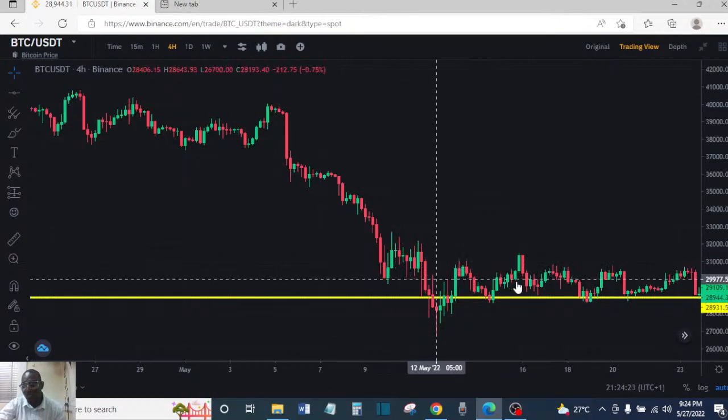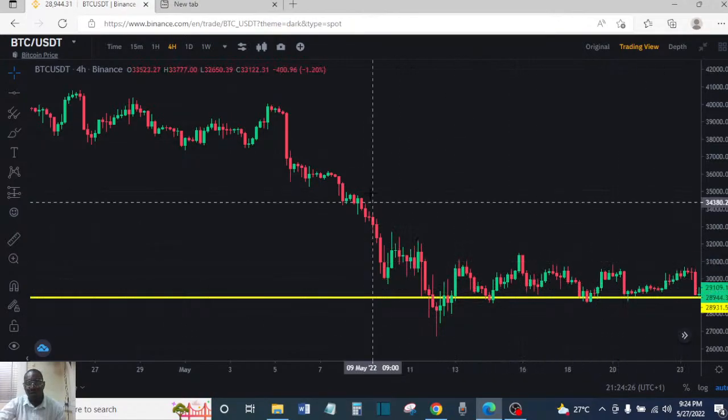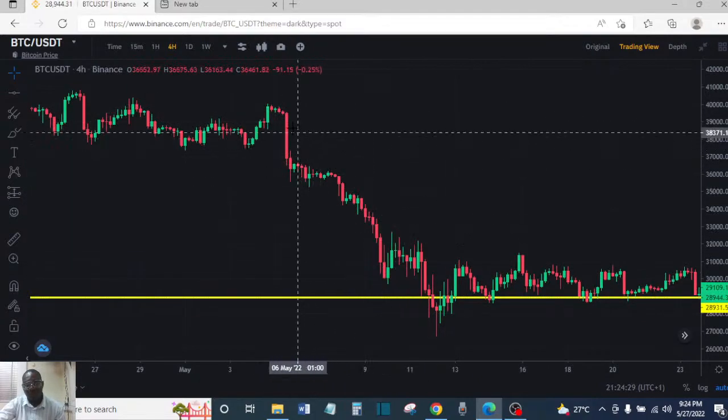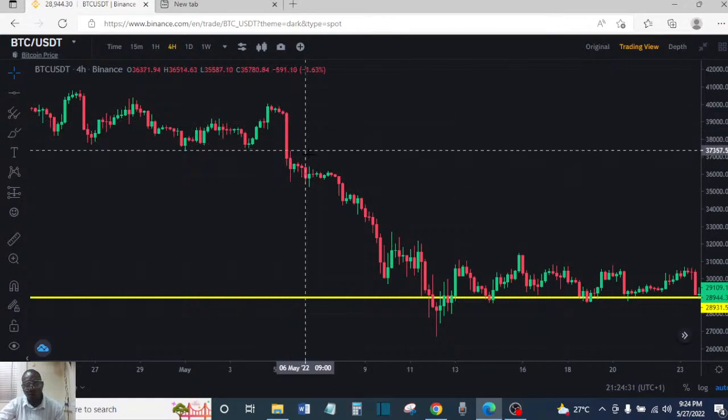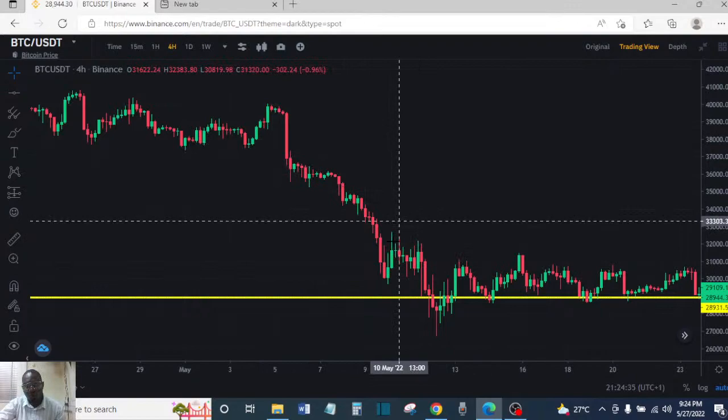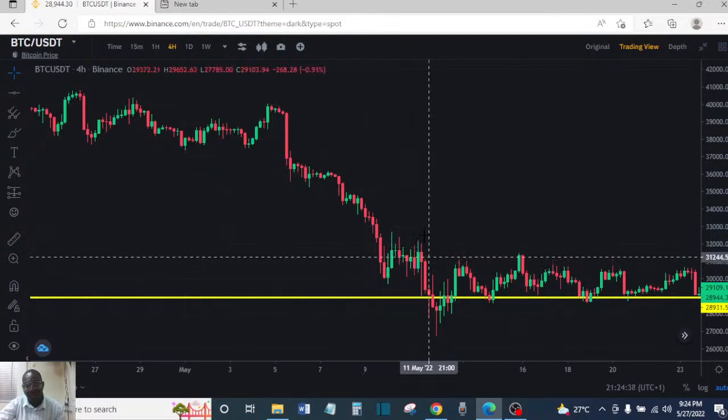And that was the reason why they formed this structure. Based on what we have here, there are not enough stops created in this area. This is the only major area where we have enough stops.